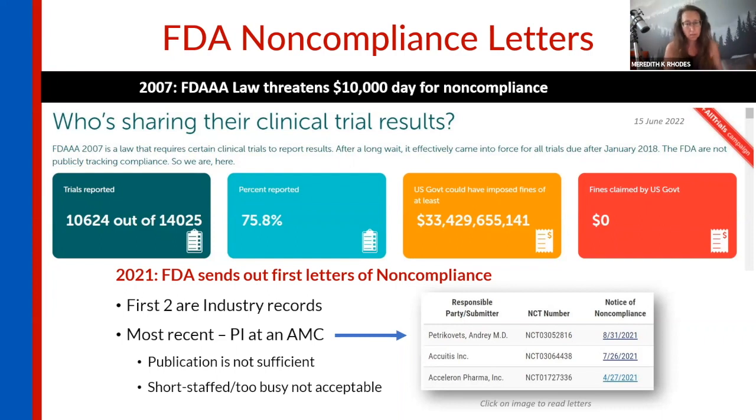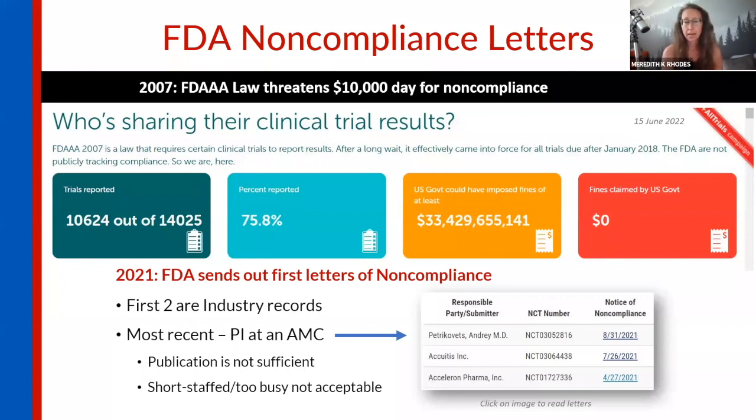The rest of them are industry so far, but there's 1 PI at an academic medical center who has a notice of noncompliance at this point. They've all been resolved without fines to this point, but they're starting to gather their steam and organize toward actually imposing fines.